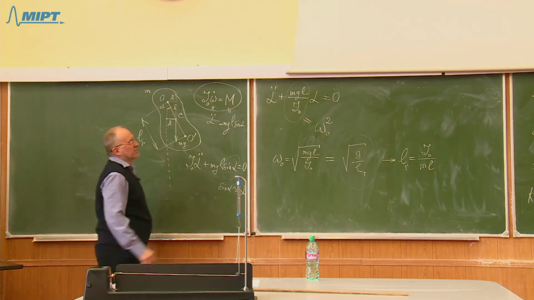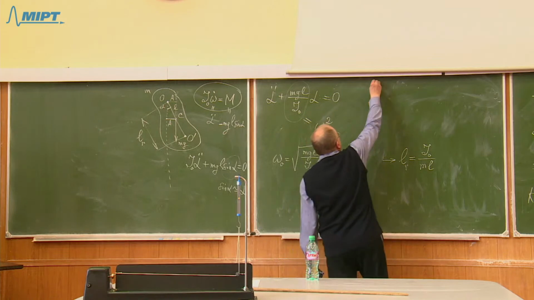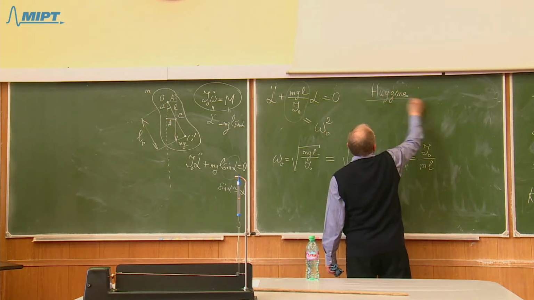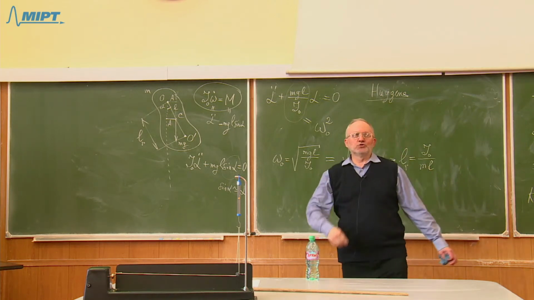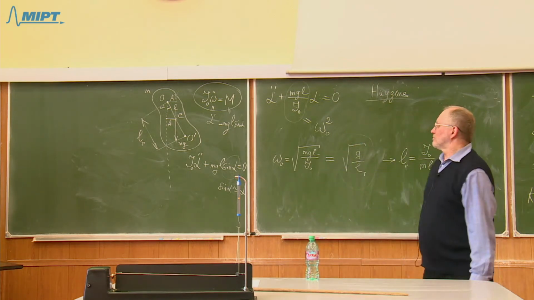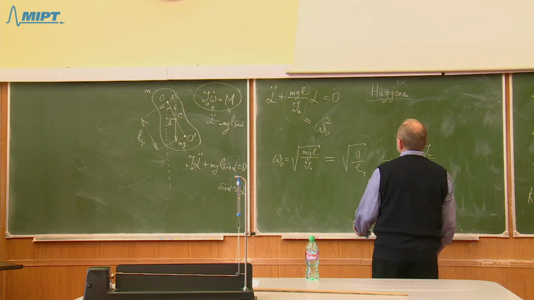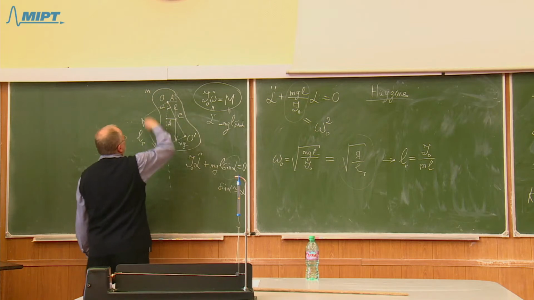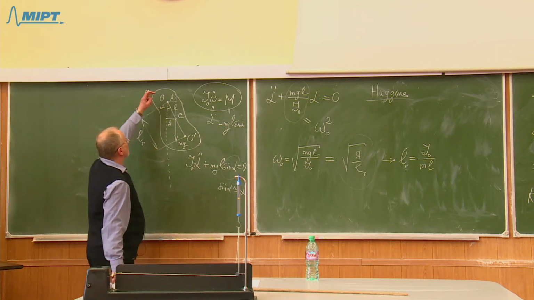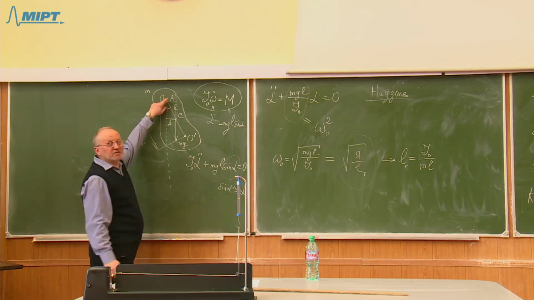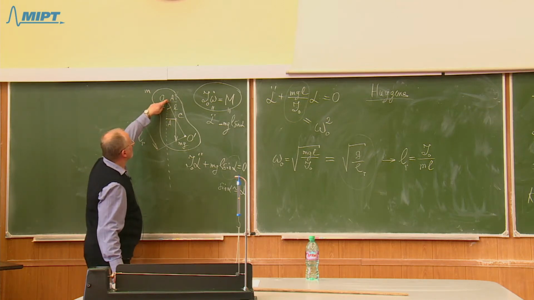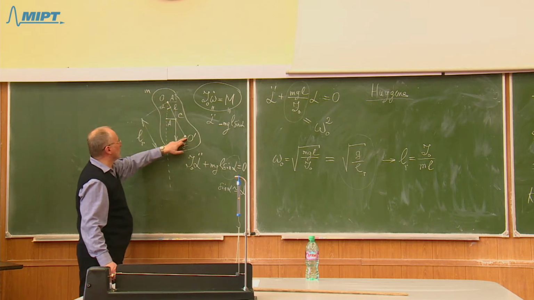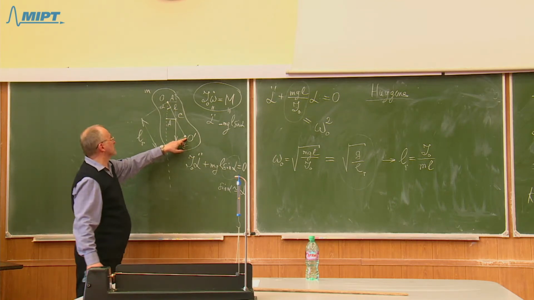And there is an interesting theorem by Huygens. You know the Huygens-Steiner theorem, but this is only Huygens' theorem, which says that if we take a physical pendulum and suspend it by point O and measure the frequency of vibrations, and then suspend the same physical pendulum by point O prime, then the frequency will be the same.